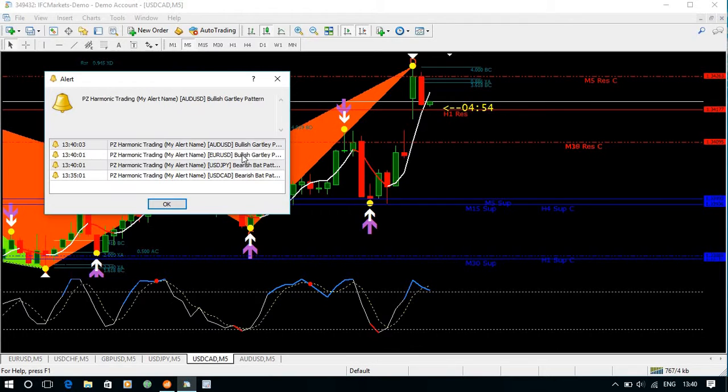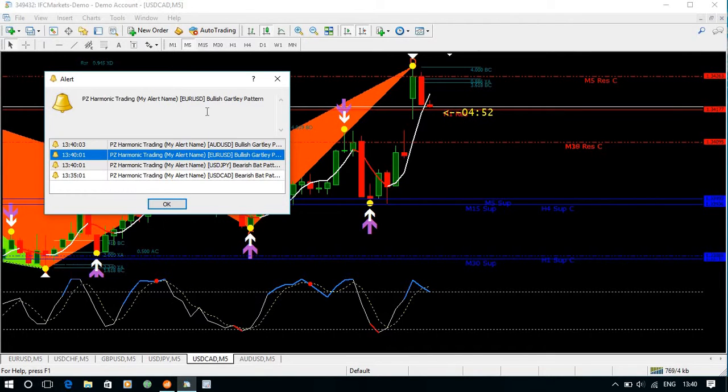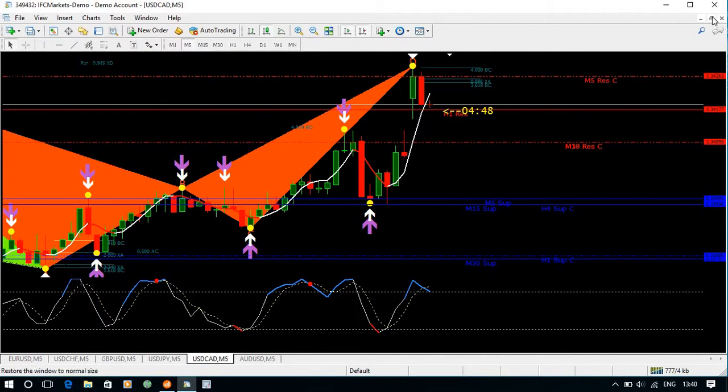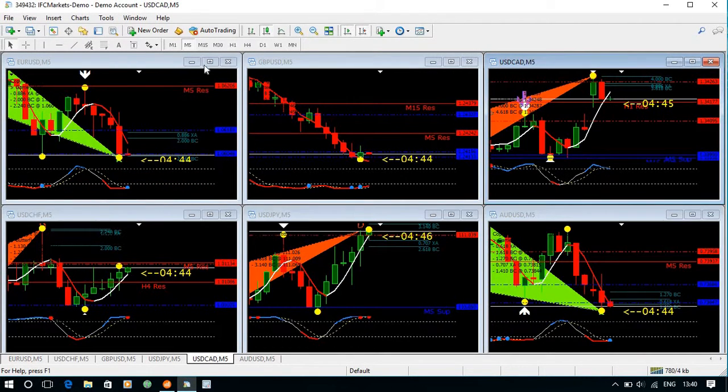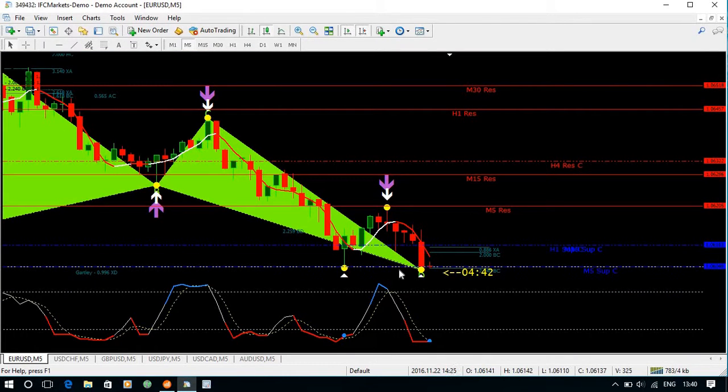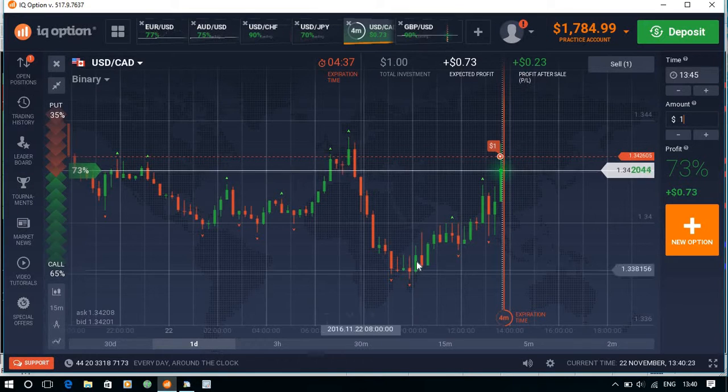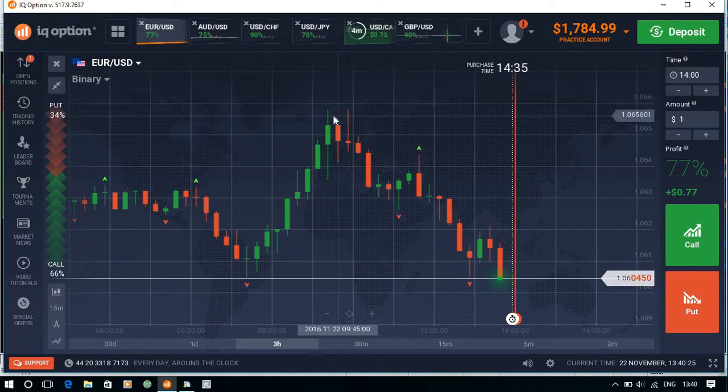Euro USD. Bullish Gartley pattern. Okay, so Euro USD, we'll jump on here. There we go. Let's hit the resistance for 5 minutes. Euro USD, go up to 2 o'clock.